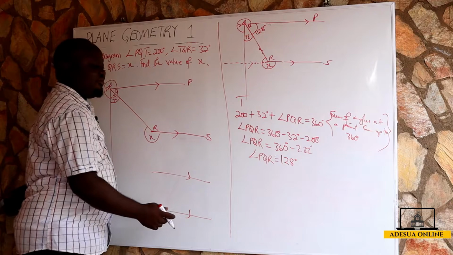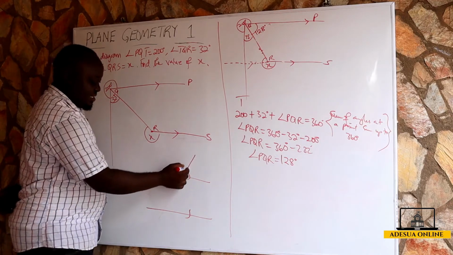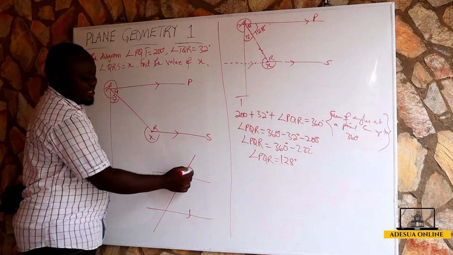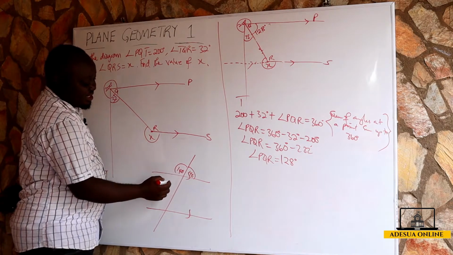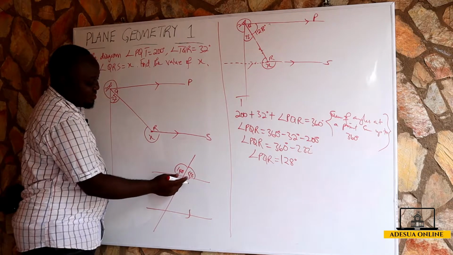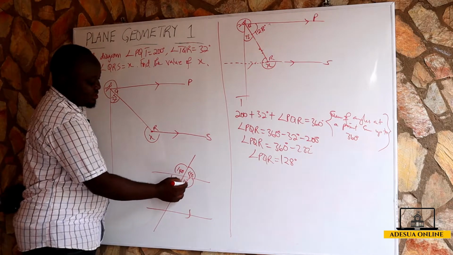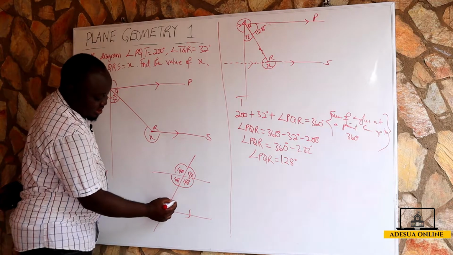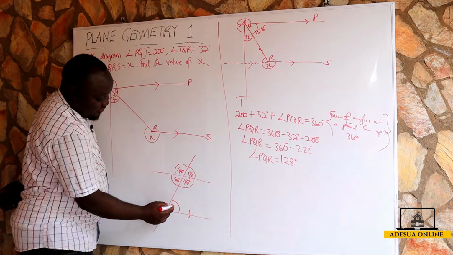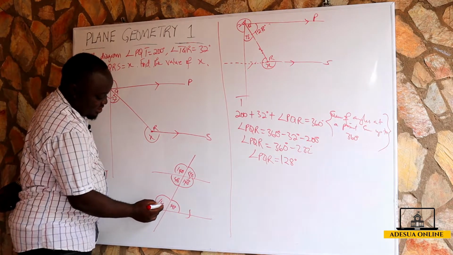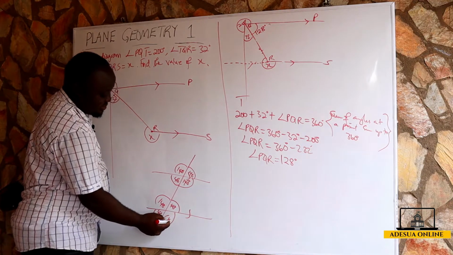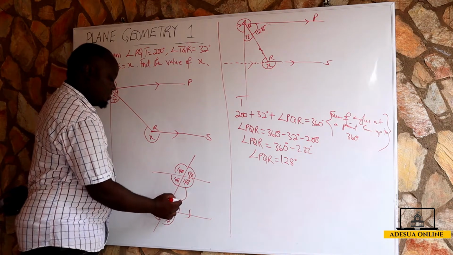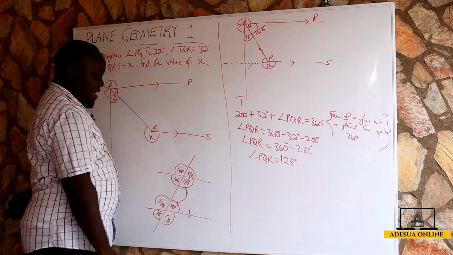So assuming we have two parallel lines and then a transversal, and this angle is 40 degrees and this is 140. This angle will be 40 because they add up to 180, and this will be 140. Again, this will be the smallest angle, so 40 degrees, and this will be 140, and this will be 40, and then this will be 140. We said co-interior angles, which is these two angles, add up to 180.